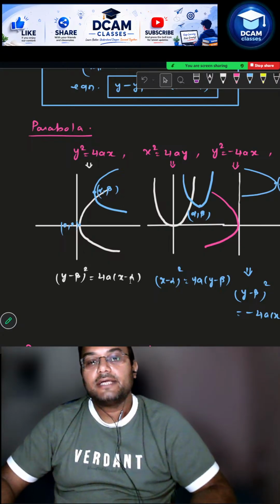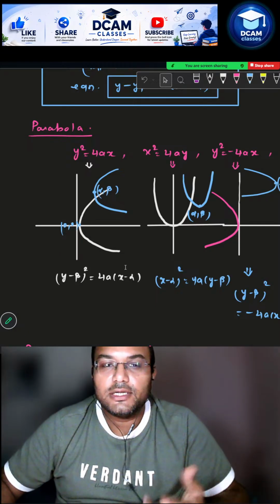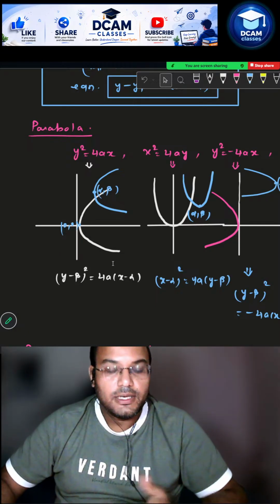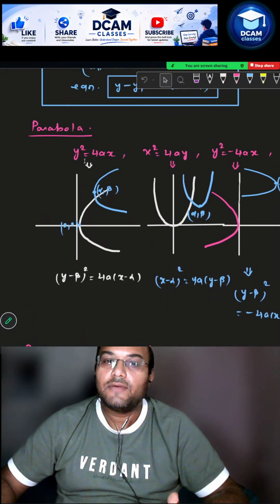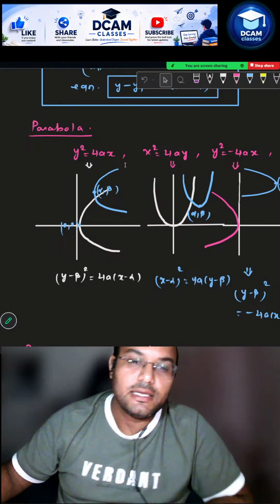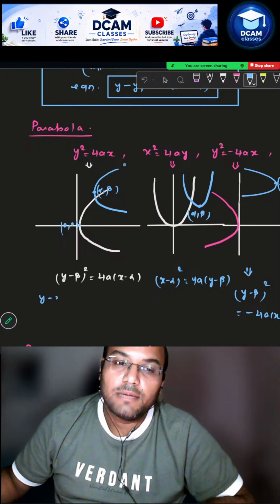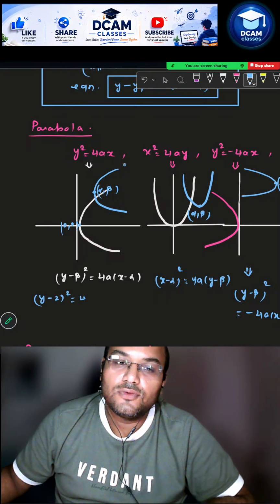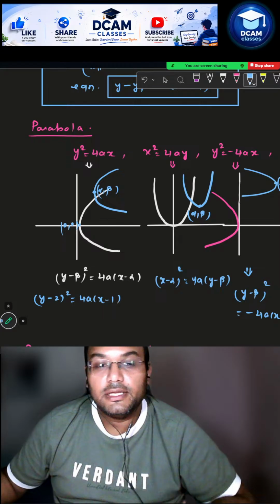Now when the vertex is alpha, beta, it's a general case actually. You see Aditya, normally we do not have the graph of parabola y square equal to 4ax in that form. You will have to actually convert the form. It will be something like y minus 2 whole square is equal to 4a into x minus 1, like that. Okay. Then in that case, what to do?